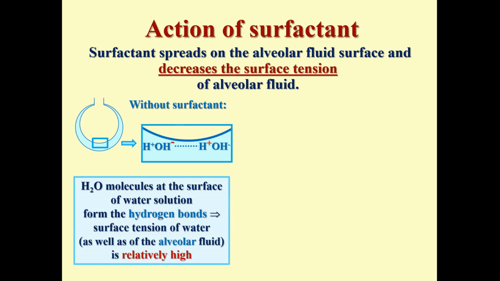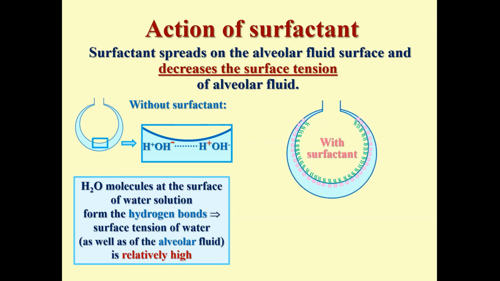This force, called surface tension of water, is responsible for the creation of perfectly spherical drops of water when they fall through the air due to gravity. They become perfectly rounded because surface tension tries to make the surface area as little as possible, and the surface area is smallest when the shape is spherical. So it's a rather strong force that also makes nice drops of water look rounded. So it's a high surface tension.